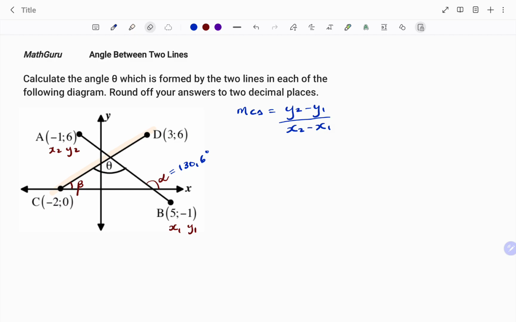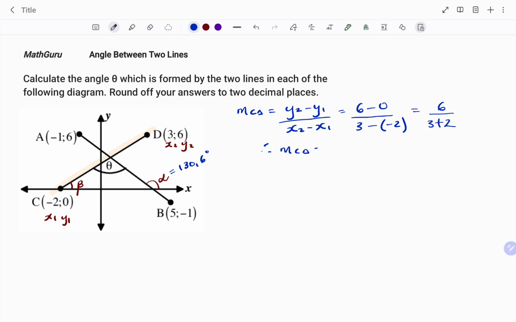So going ahead to tag my points like I did in the first step, I have my x1, y1, x2, and y2. Therefore, this is equal to my y2, which is 6, minus y1, which is 0, divided by x2, which is 3, minus x1, which is -2. I'm going to put that in a bracket, and that's equal to 6 divided by 3 plus 2. So the gradient of the line CD is equal to 6 over 5.